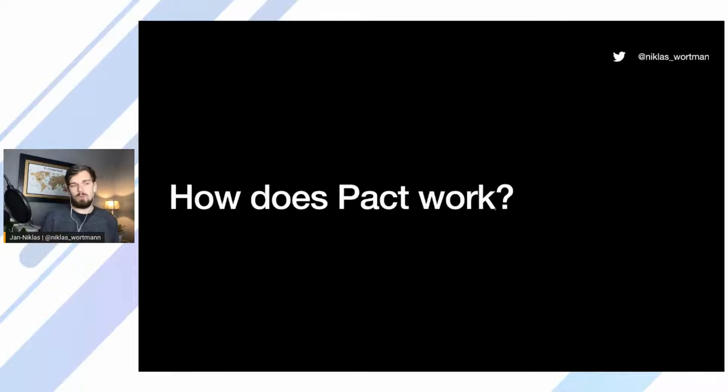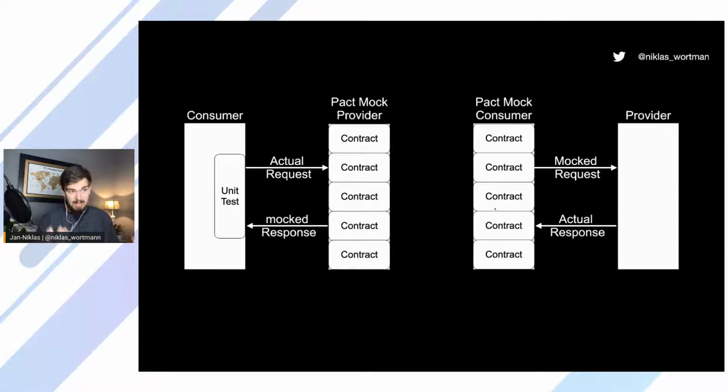How does Pact now work? I'm a consultant. I have sophisticated graphics here. So let's take a quick look at this. Let's start on the consumer side this time. On the consumer side, we have a unit test written down. And within this unit test, we spin up a Pact mock provider. And we fill all our contracts in there so that the Pact mock provider can take a look at the specified requests and responses and act accordingly.